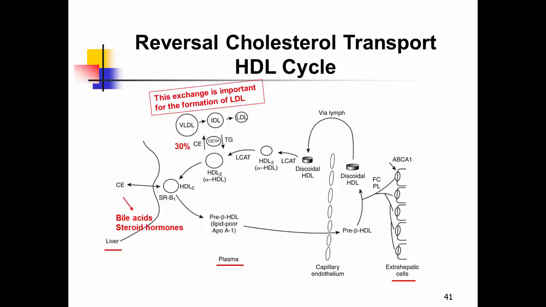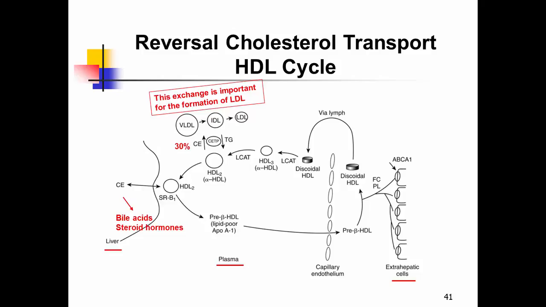After the exchange, the alpha HDL gets more triglyceride from these three lipoproteins and gives some cholesterol esters back to them. So the large alpha HDL is bigger because it gets more triglyceride.